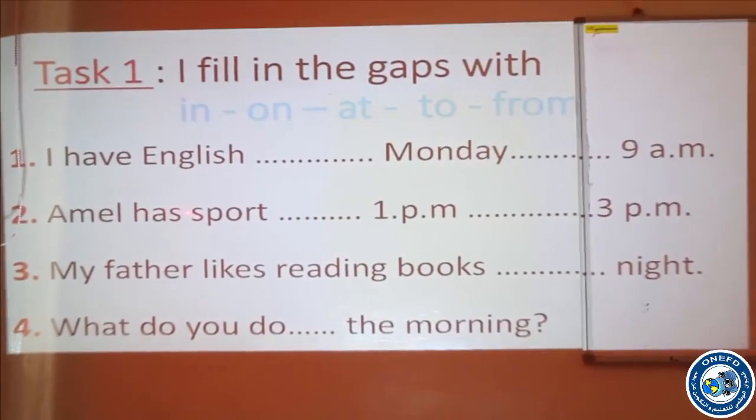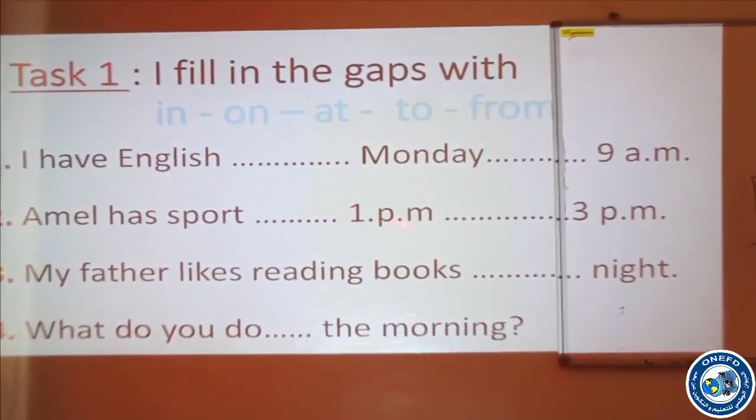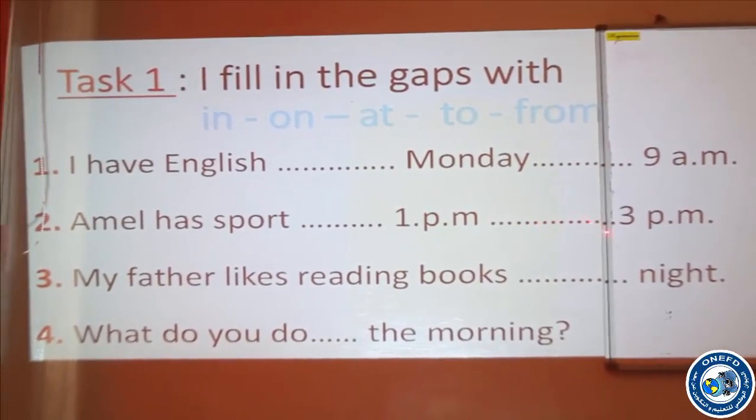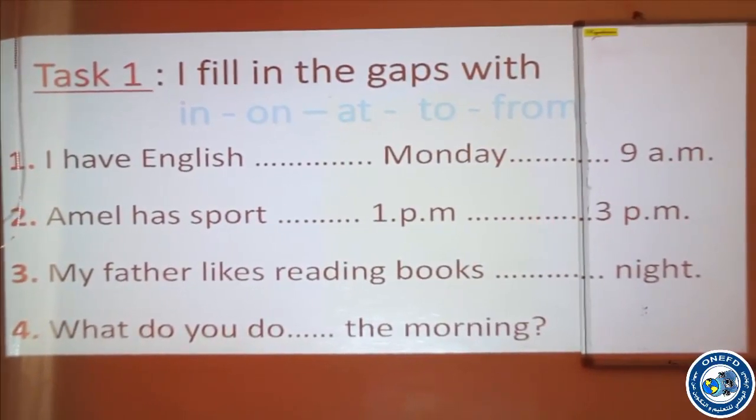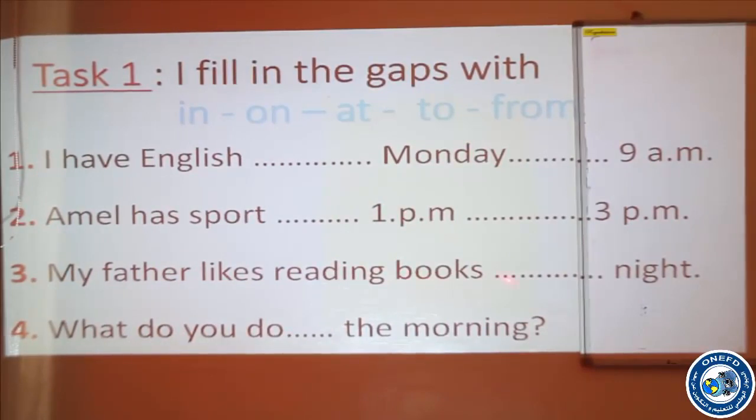Emel has sport, gap, 1 p.m., gap, 3 p.m. Third sentence. My father likes reading books, gap, night. Number 4. What do you do, gap, the morning? So you have 2 minutes.